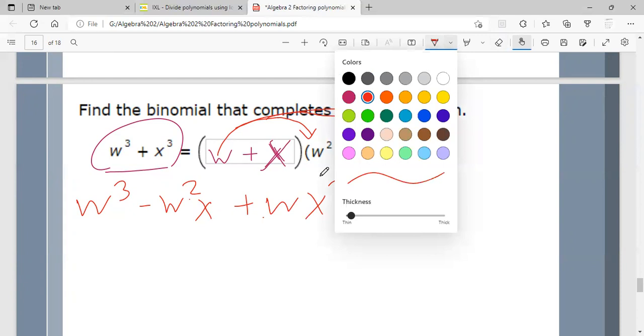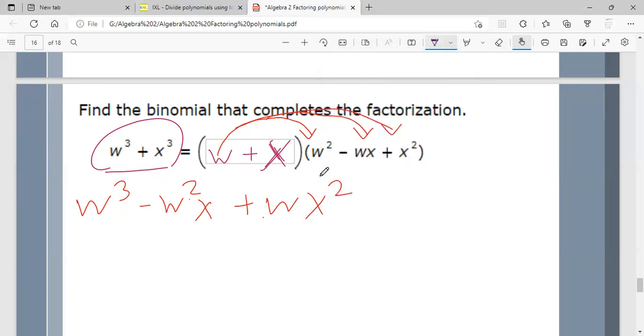So now changing my color, I'm going to do this again. This time we're going to take the x's. So x times w squared is going to be a positive w squared x.